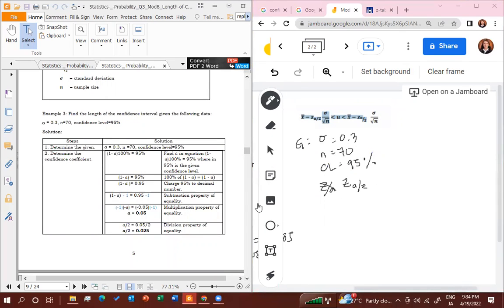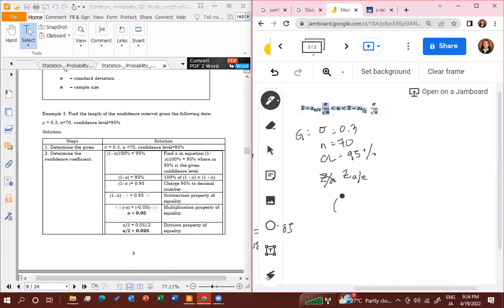So this is how you do it. To look for alpha, find A in equation 1. Your A is basically the inverse of your confidence level, 95%. You can just follow these steps right here, and it leads to an alpha over 2 of 0.025.